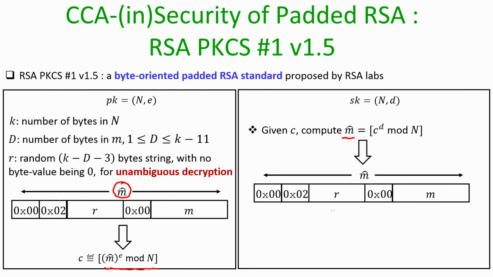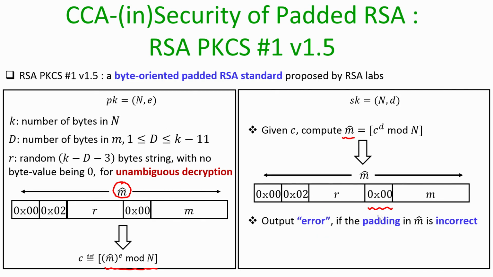Then it starts scanning the random byte string which the sender would have added in the message, and looks for the boundary where it ends. As soon as the receiver obtains the byte value 0, it knows that is the byte that marks the ending of the random byte string, and now the receiver checks whether everything in the recovered m hat is in the correct format or not.